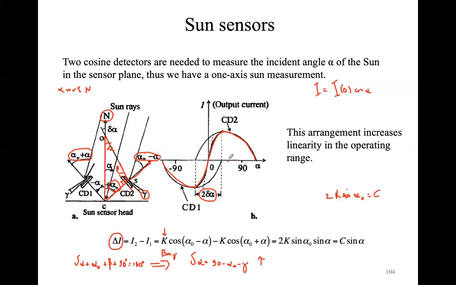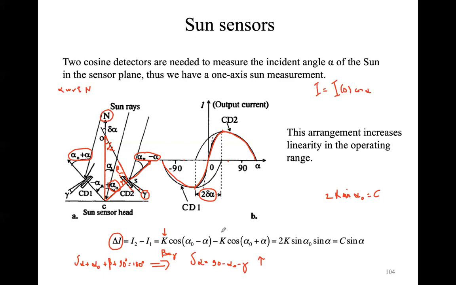So you have ambiguities. You're not able to determine the inclination of the sun with respect to the sun sensor head normal without ambiguity. So the only region that you can use is this linear trend here.